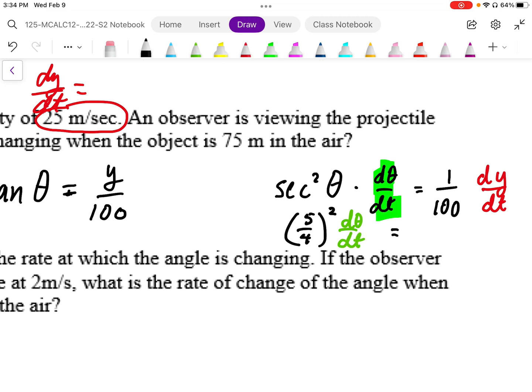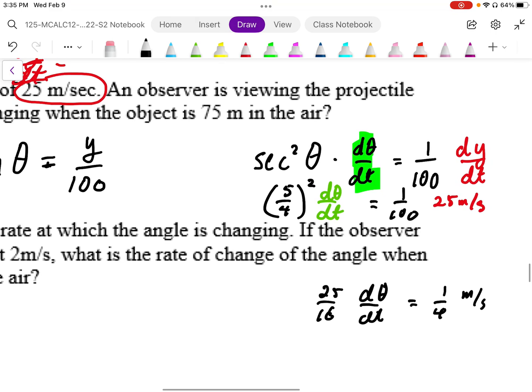I have my d theta by dt, which I'm solving for. It's equal to 1 over 100, times by, I've been given dy by dt as 25 meters per second, okay, going up, so it's positive. So I'm going to solve for this. Okay, so I'm going to do it down here. So I end up with 25 over 16 d theta by dt is equal to 1 over 4 meters per second.